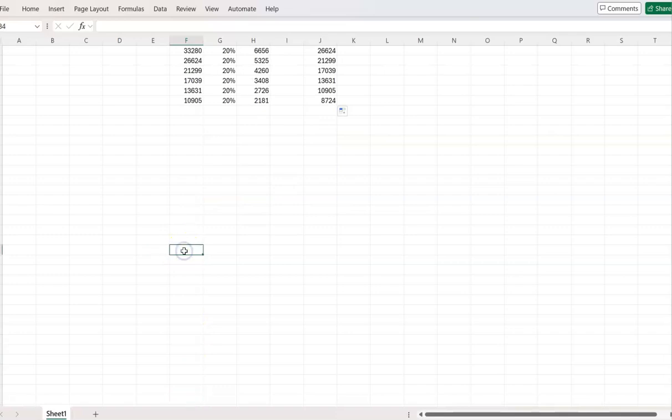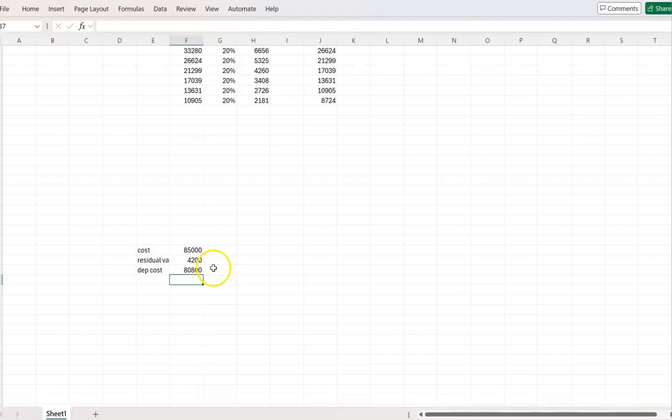The cost is 85,000. The residual value is 4,200. Here's the cost, residual value, and the depreciable cost is the 85 minus the 42, 80,800.